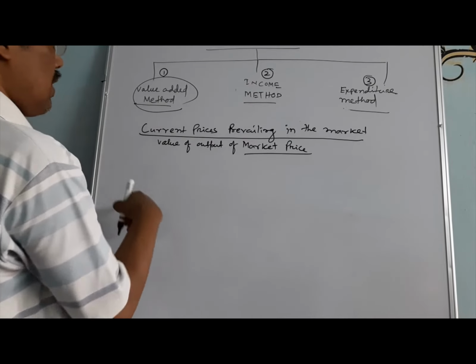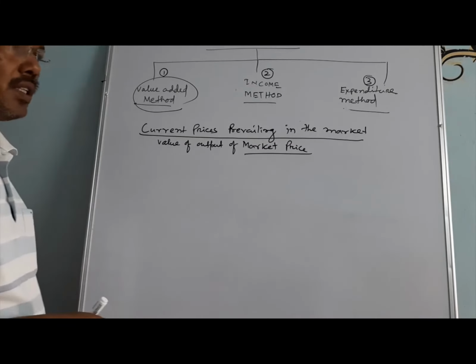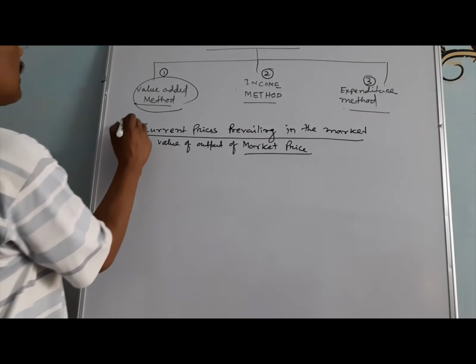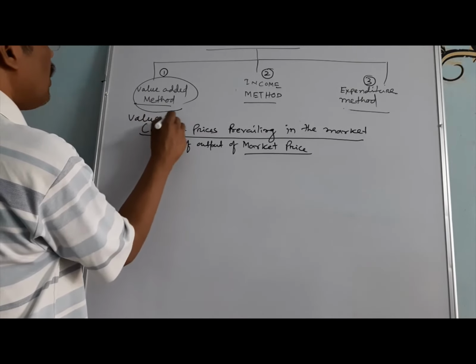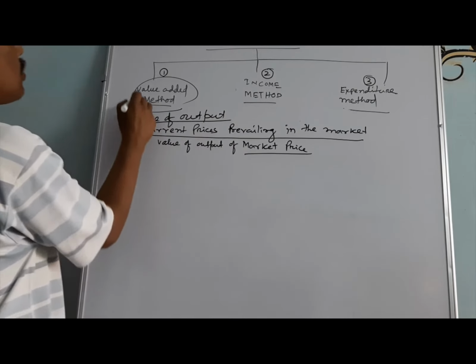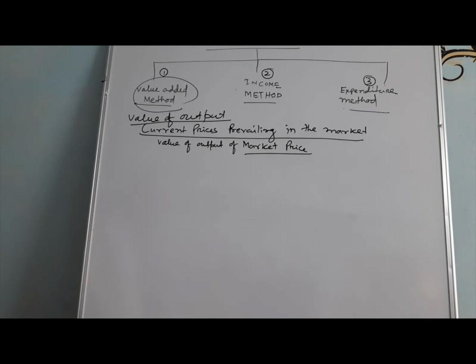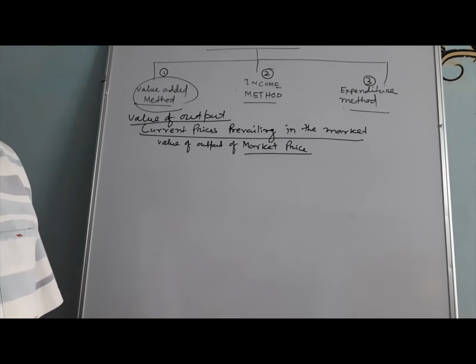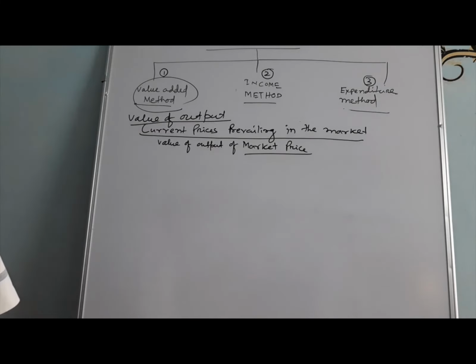So current year prices into quantity is called the value of output. First of all, we have to find out the value of output before the value-added method. The value of output is estimated at current prices prevailing in the market.